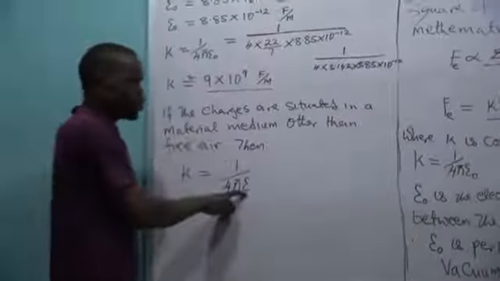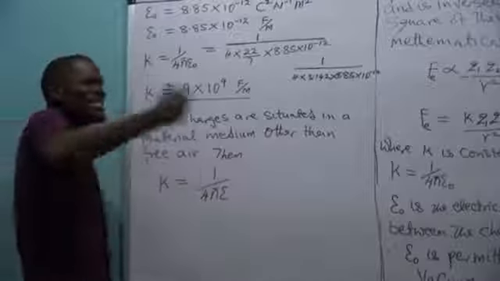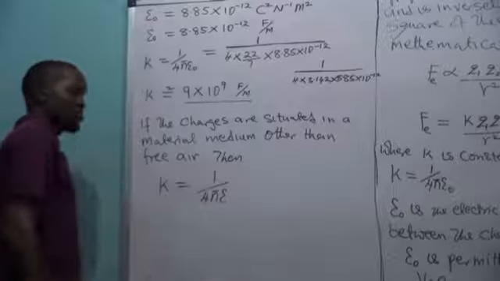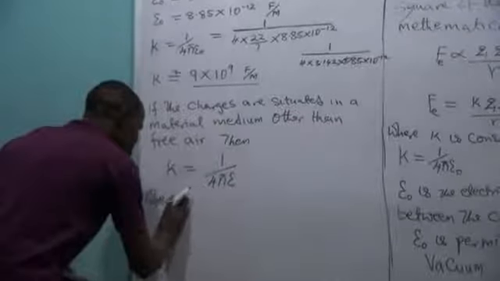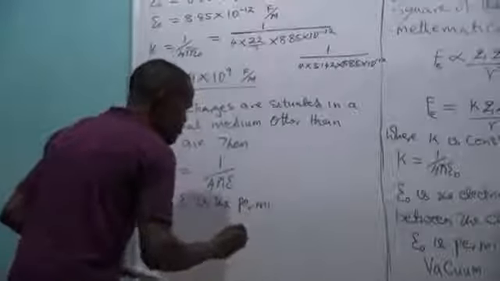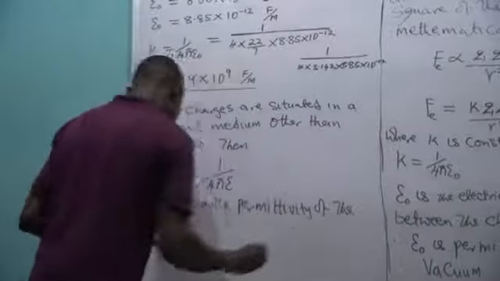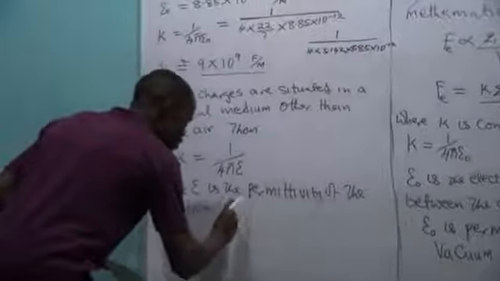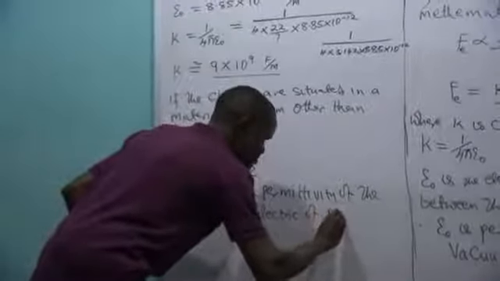It's no more epsilon O. When it is free air, it will be epsilon O. But when the experiment is done in another medium, we have epsilon, where epsilon is the permittivity of the medium, which we also call the dielectric of the medium.